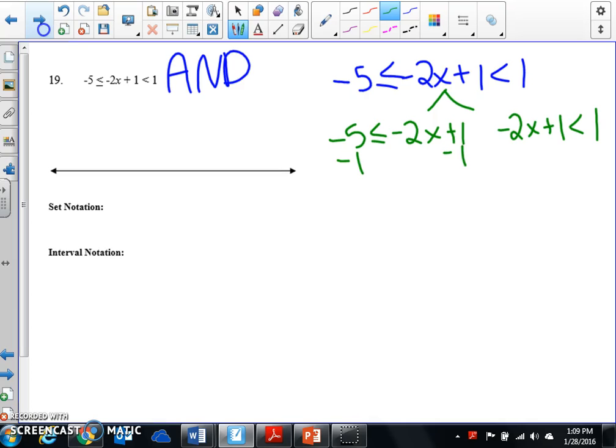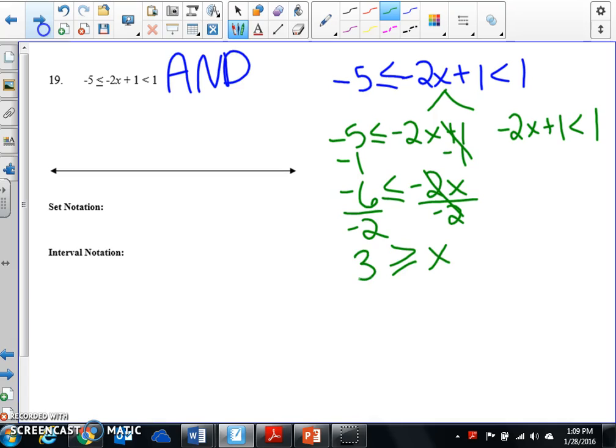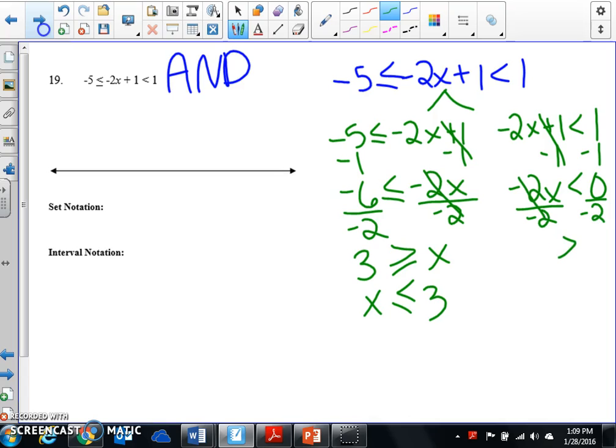Subtract 1, divide by negative 2. I divide by a negative, I flip, and then I got to flip it again. Over here, subtract 1, divide by negative 2. When I divide by negative, I flip. So those are my two solutions. Now I go to my number line.